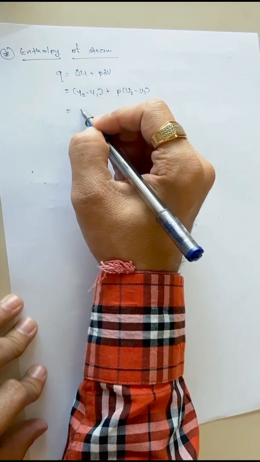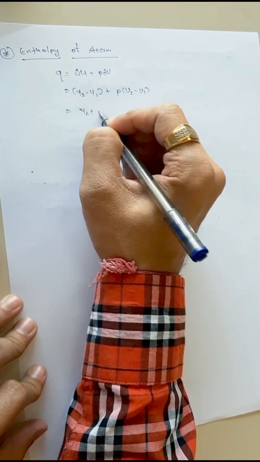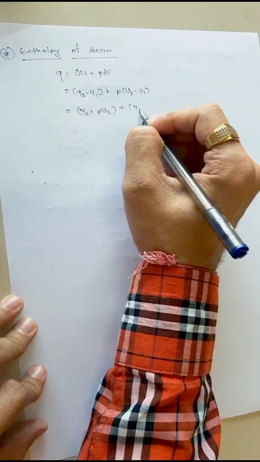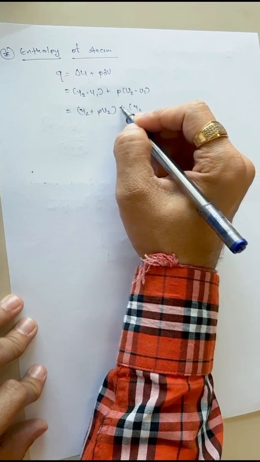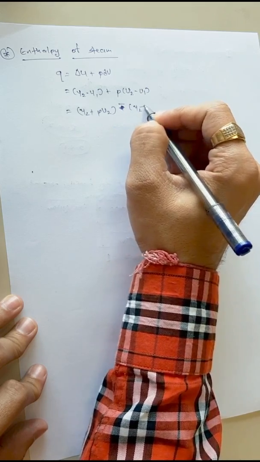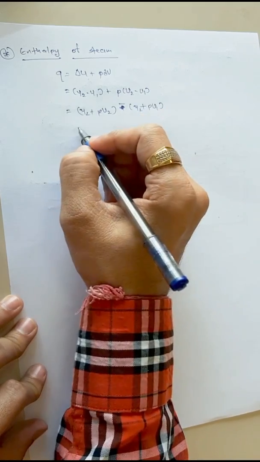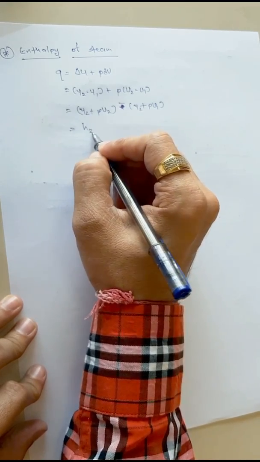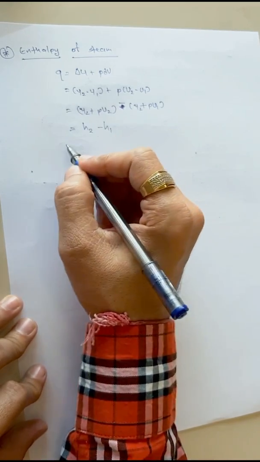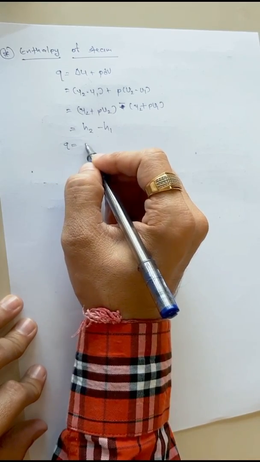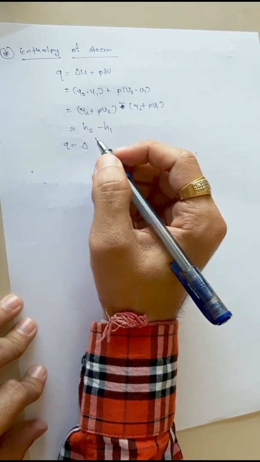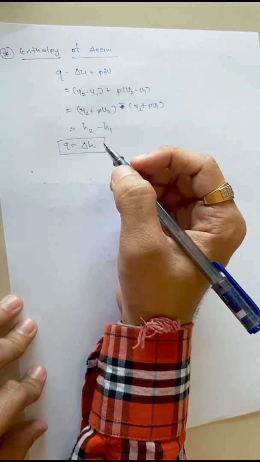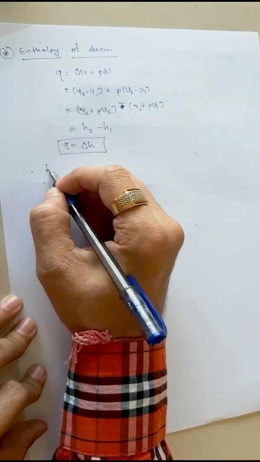If you further simplify it, we can write that U plus PV is enthalpy. So we can say heat supplied is equal to change in specific enthalpy.